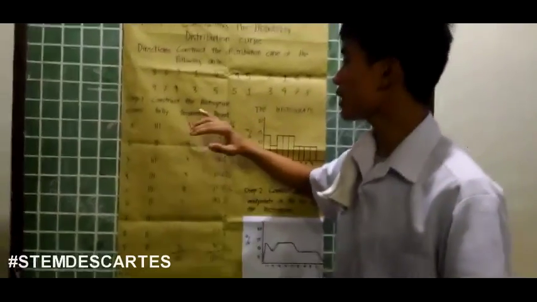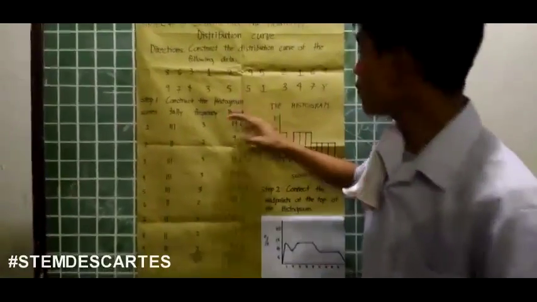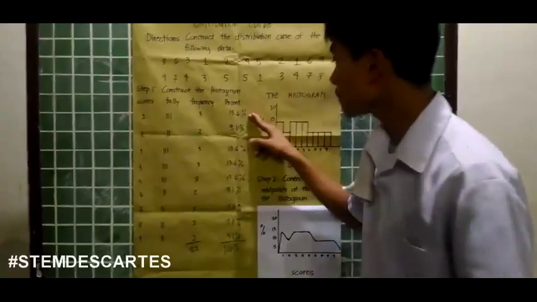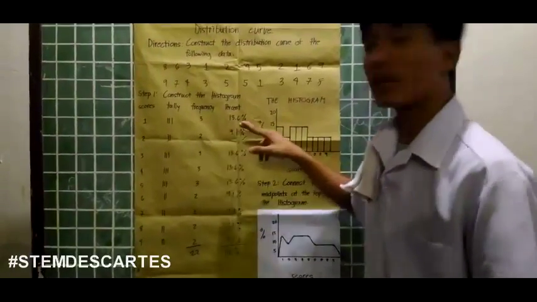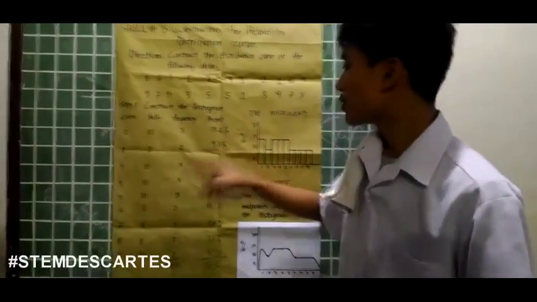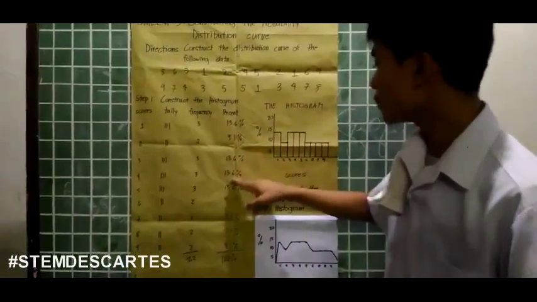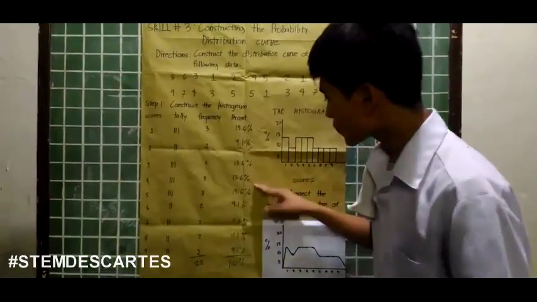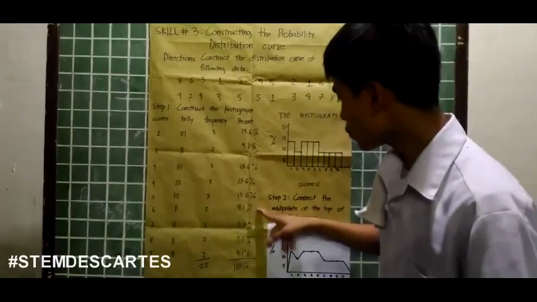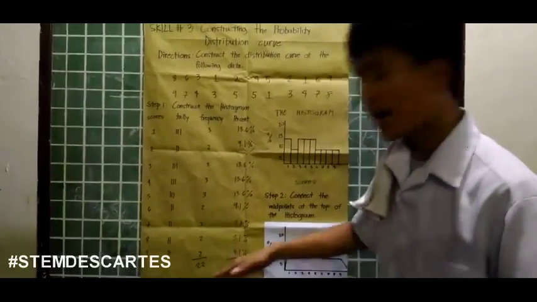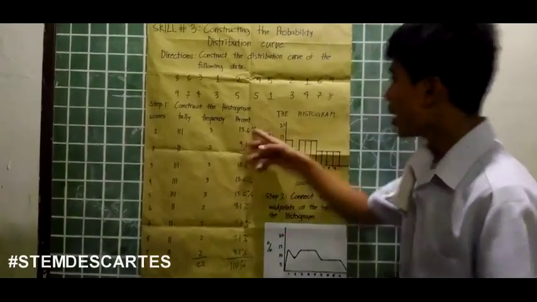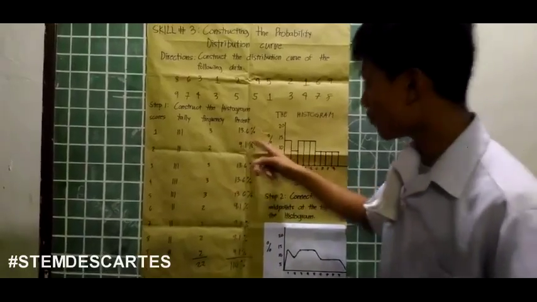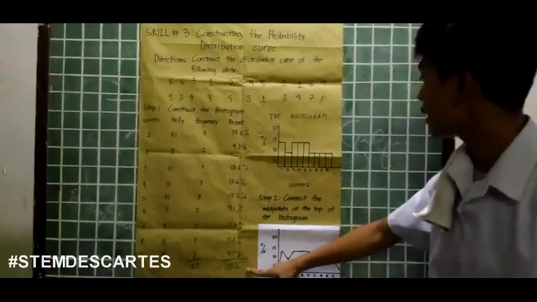The frequency of 3 has a percent of 13.6%. The 2 is 9.1%. 3 is 13.6%, 13.6%, 13.6%, and 2 is 9.1% until 9. And the total of all the percents equals 100%.